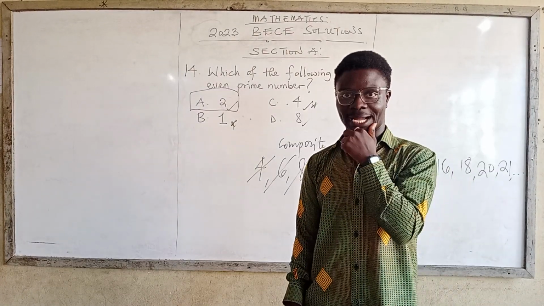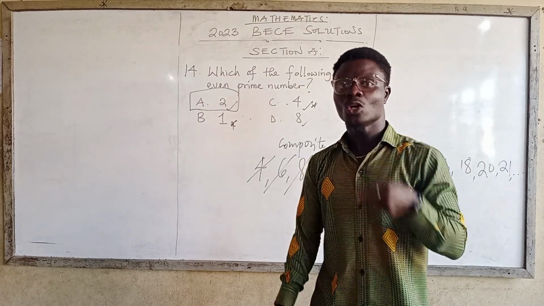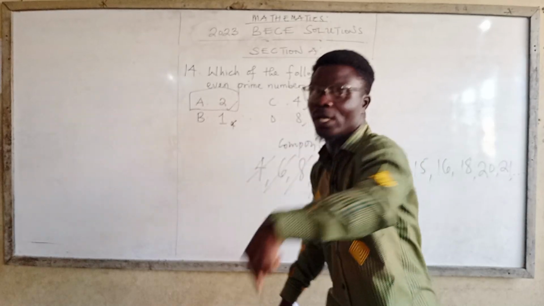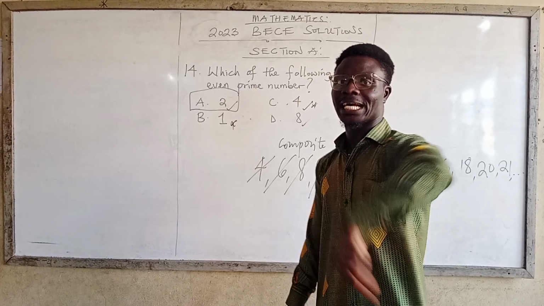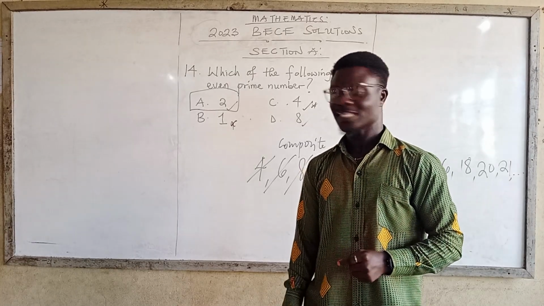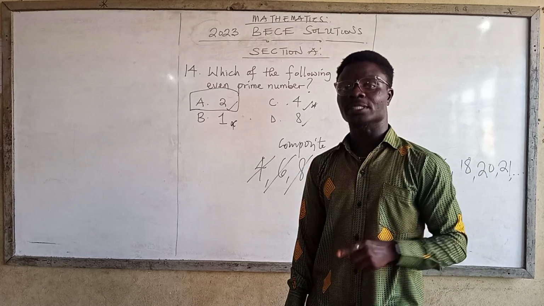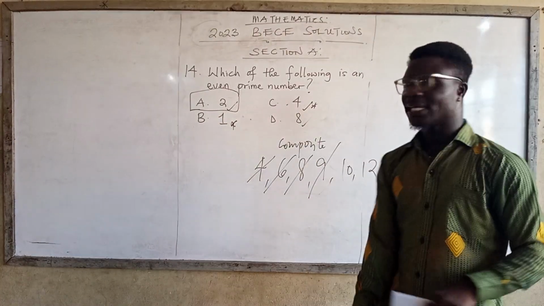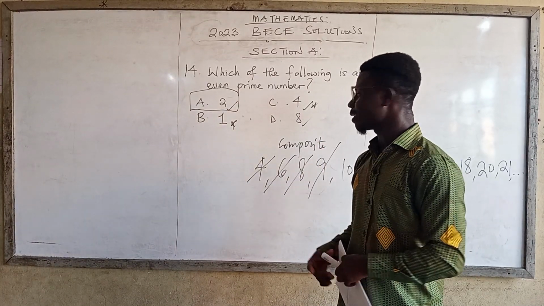They leave a remainder of 1. Do you understand that? So if you take 21, how many 2's can be found in 21? 10 of the 2's can be found in 21. So 2 will go into 21 ten times, remainder 1. So 9 is a composite number and also an odd number.